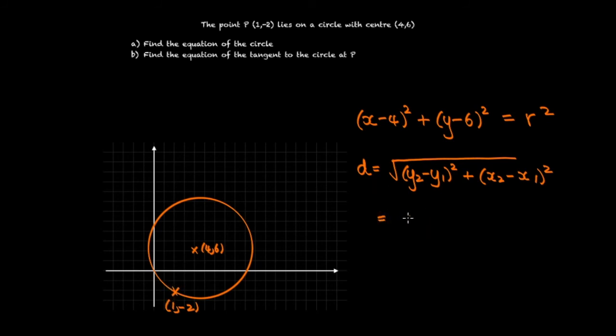So that will give us the square root of (6 minus minus 2) squared plus (4 minus 1) squared.